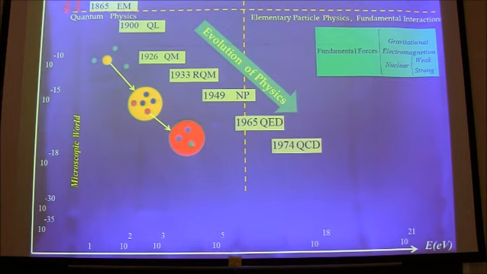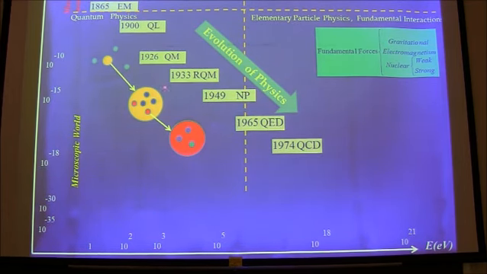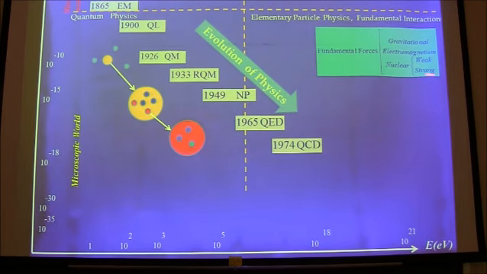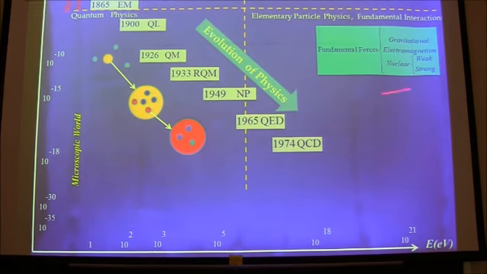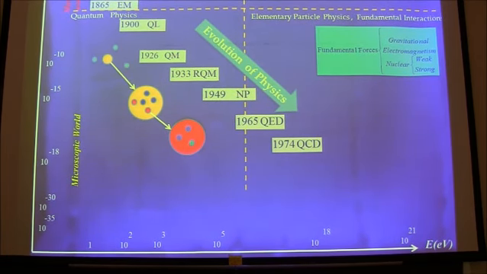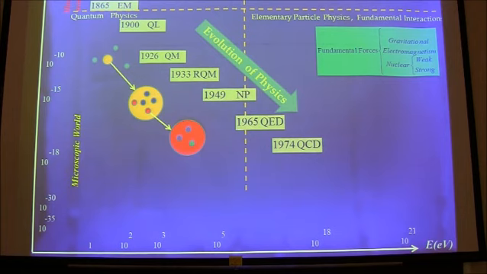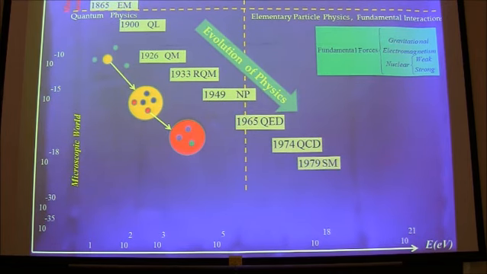One cannot really summarize this in a cartoon like this, but just to give you an idea, there are other interactions between them. This theory, QCD, describes the strong interaction among those fundamental building blocks. QED describes the electromagnetic interaction among those fundamental building blocks. And then we have the standard model, which describes a kind of combination of electromagnetism and the weak nuclear force. That was a Nobel Prize in 1979.